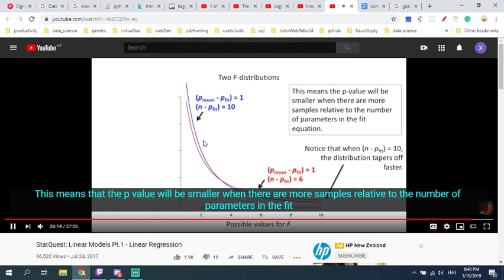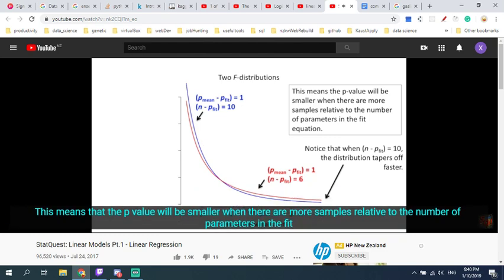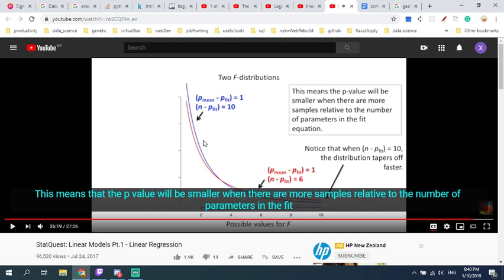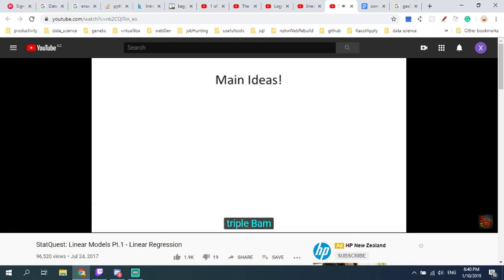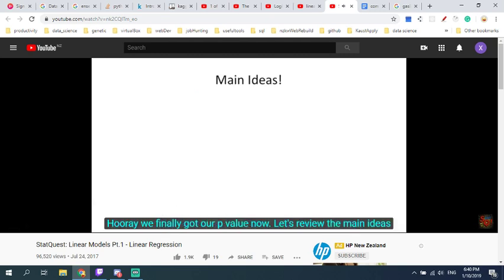This means that the p-value will be smaller when there are more samples relative to the number of parameters in the fit equation. Triple bam! Hooray! We finally got our p-value.